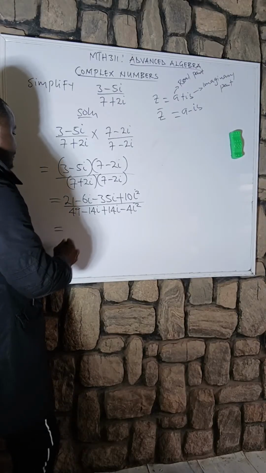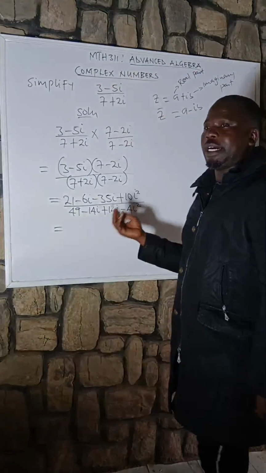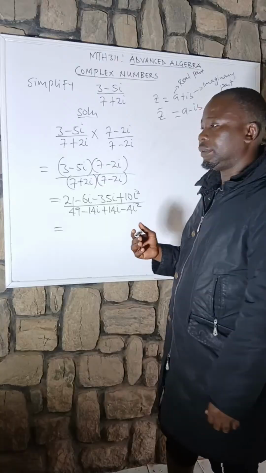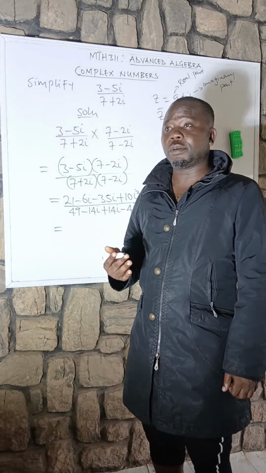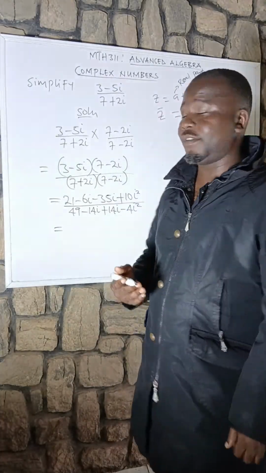So here, let me take you back to i. Let's define i. Some of you don't know the meaning of i, but let me just define i for you. Is that clear?